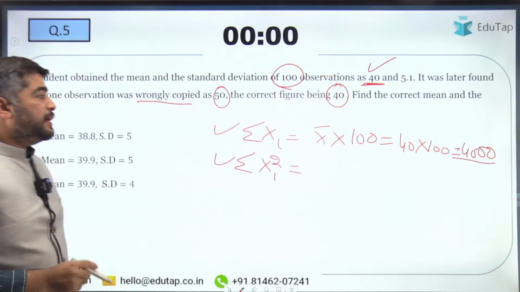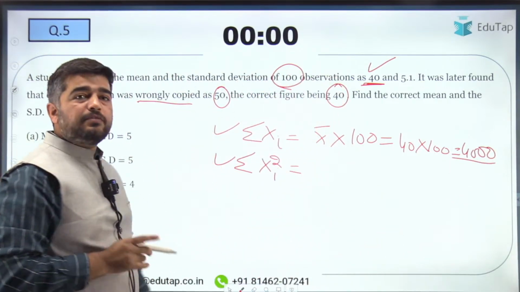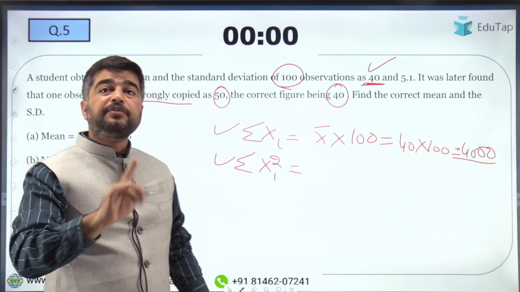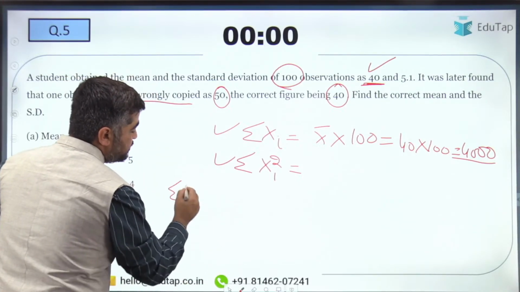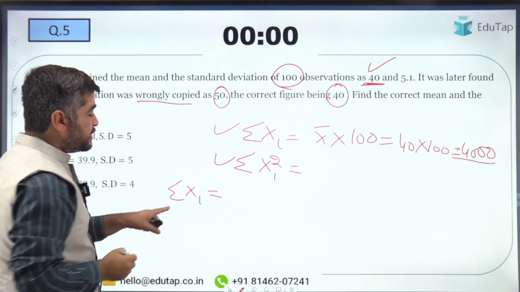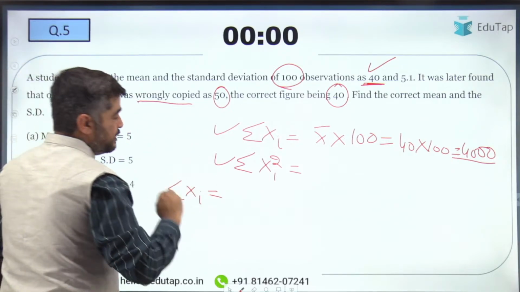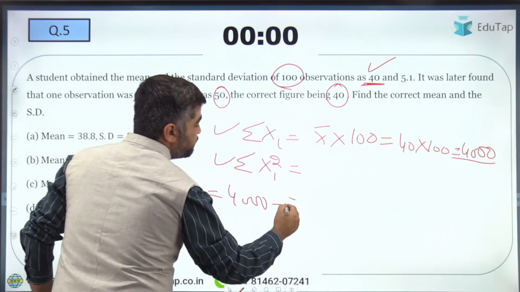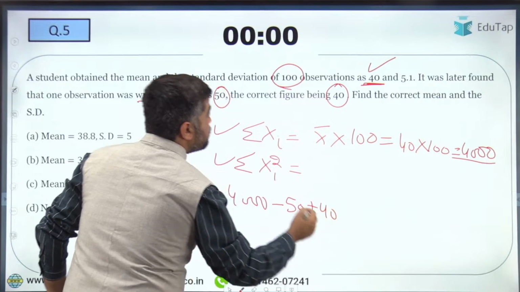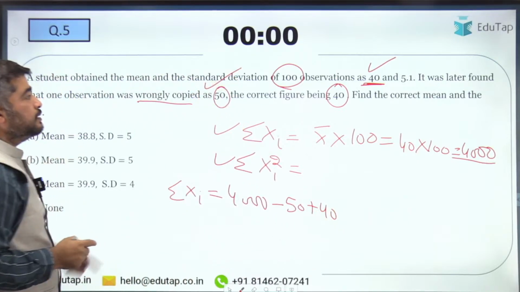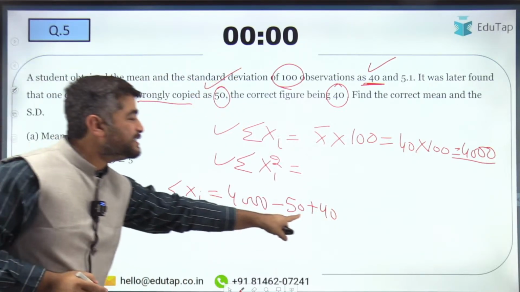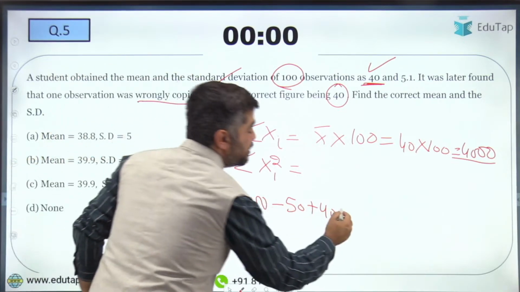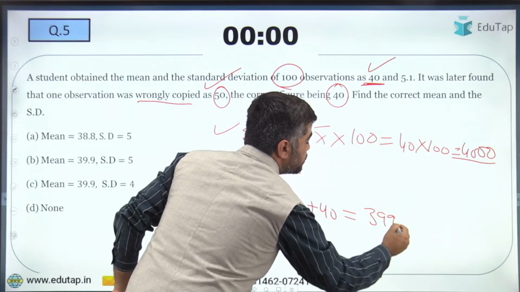So your sigma xi is 4000 before correction. After correction, listen carefully, sigma xi will be 4000 minus 50 plus 40, because 50 is the wrongly copied value and 40 is the correct one. So the total sigma xi will be 3990.